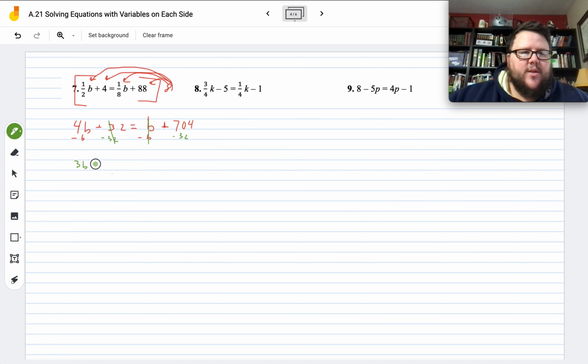They cancel out. 3b equals 704 minus 32 is 672. And then I divide both sides by 3. And I get b equals 672 divided by 3 is 224.